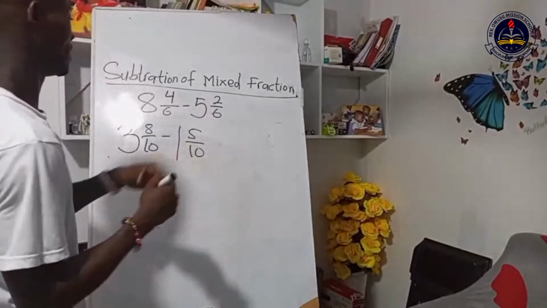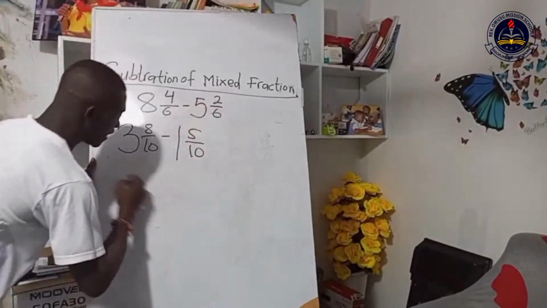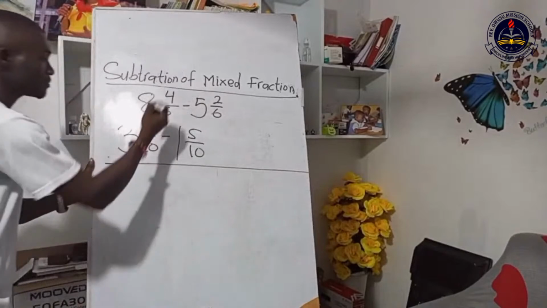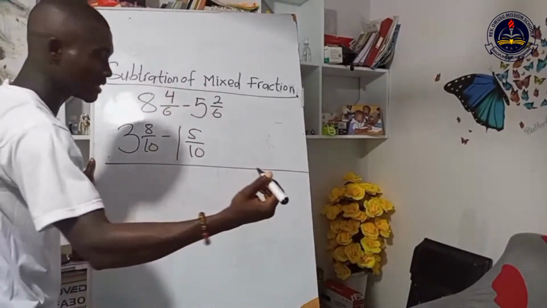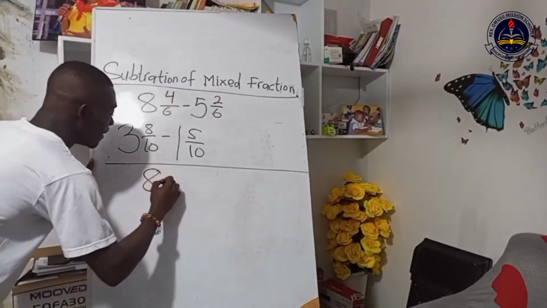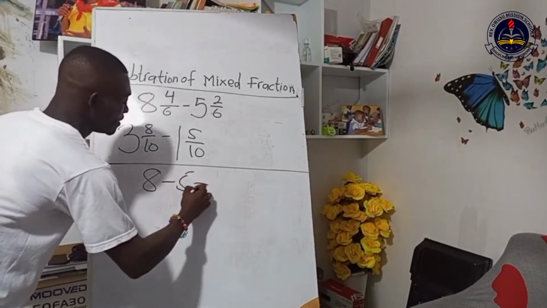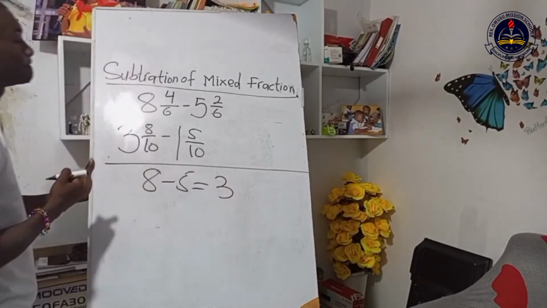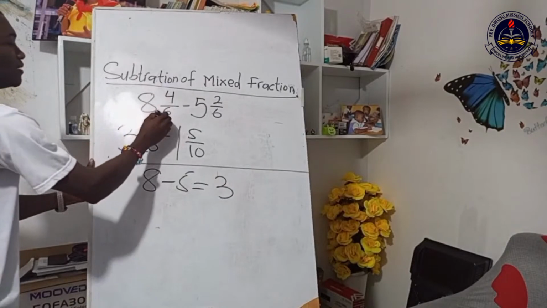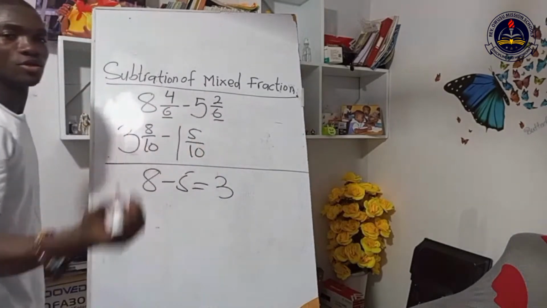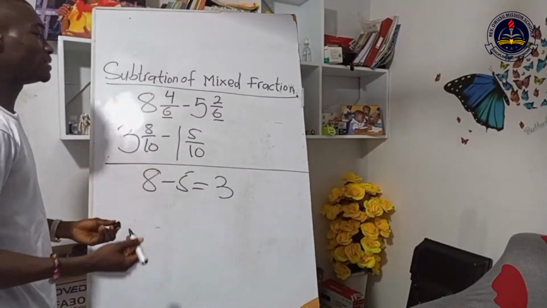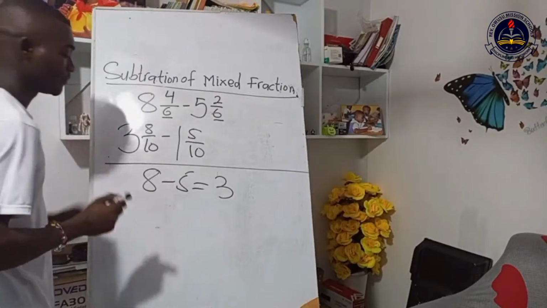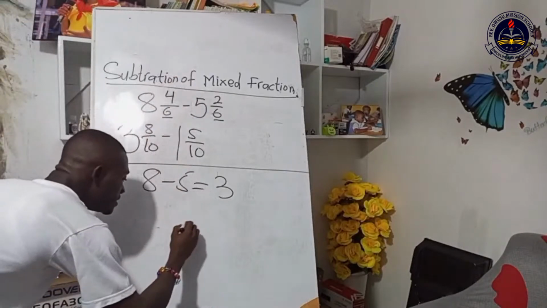The first one, let's take the whole numbers, we subtract them from each other. So 8 minus 5, giving us 3. And our denominators, the down numbers, are the same, so we choose only one. So we have 6.